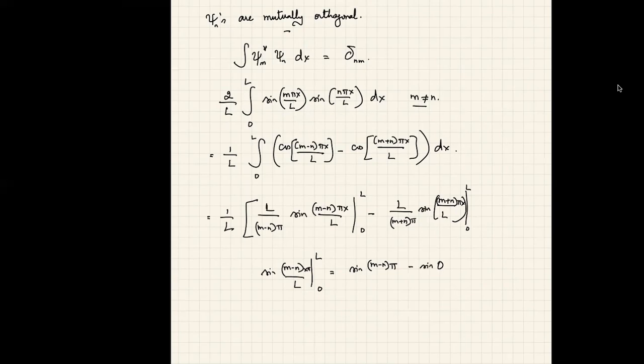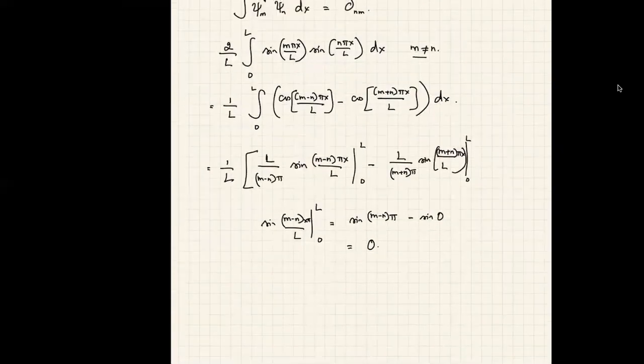But sine of an integer times pi is 0, and sine 0 is 0. So at both limits, this is equal to 0. So if m is not equal to n, integral psi m star psi n dx is identically equal to 0.